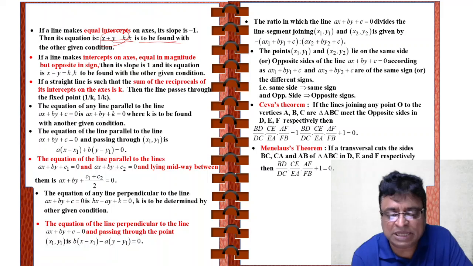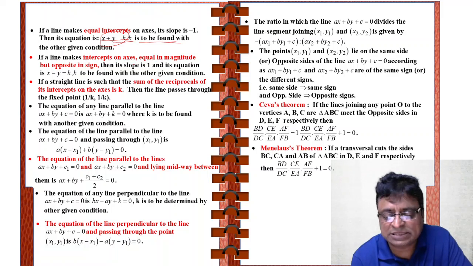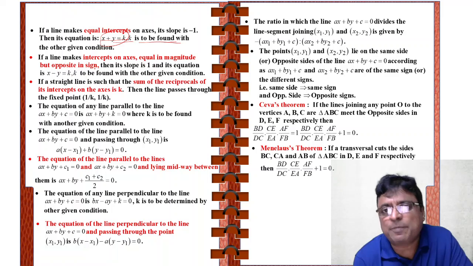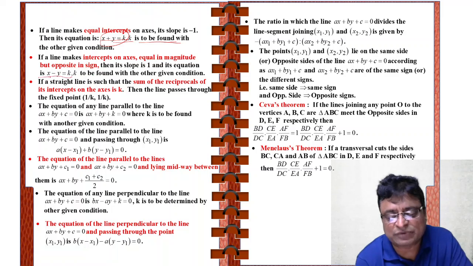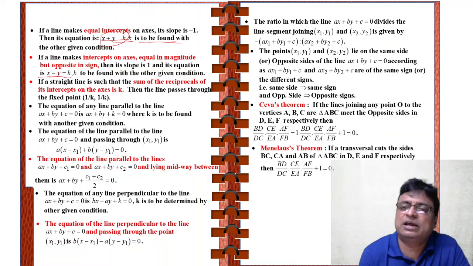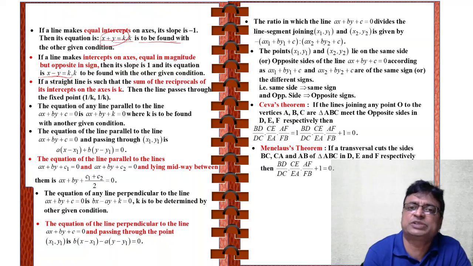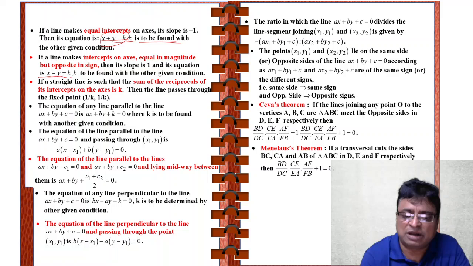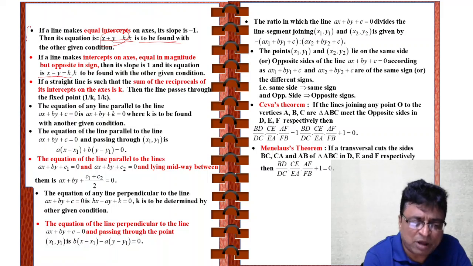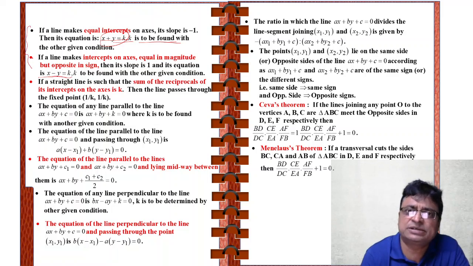Similarly, if a line makes intercepts on the axes equal in magnitude but opposite in sign, then its slope is 1, and the equation of the line becomes x minus y equal to k. Again here, depending upon the conditions, we can find the k value. These two problems are important for board examinations.